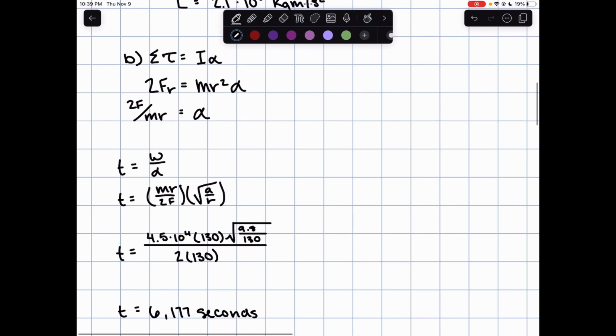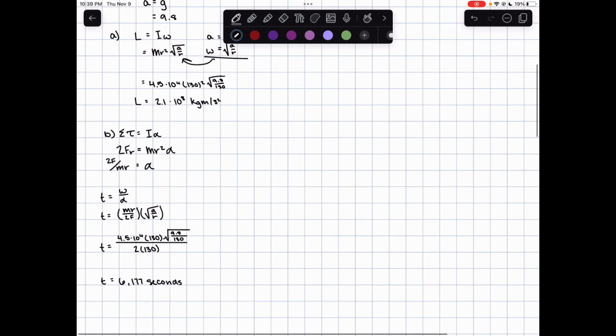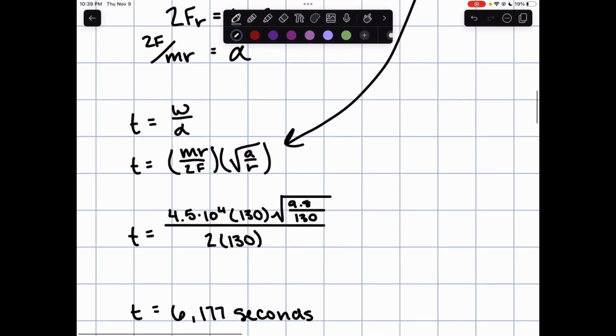From there, we can use the equation that time is equal to the angular velocity over the angular acceleration. For this, we can just use the reciprocal of angular acceleration and multiply it by the angular velocity, which remember, we found up here. So we're going to plug that back in down there. Now we know a is still equal to g, so this value should still be 9.8.